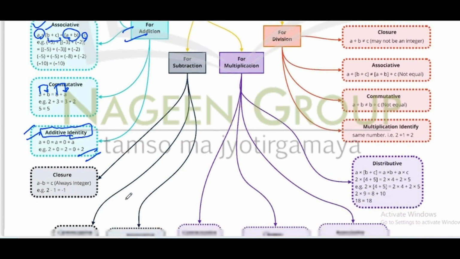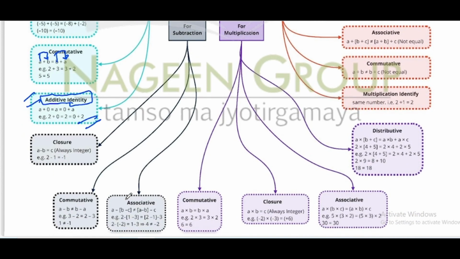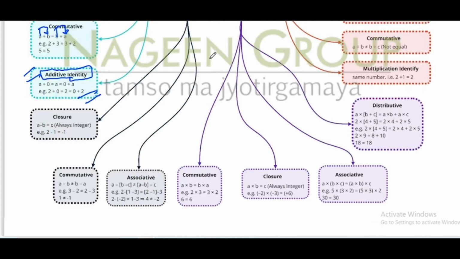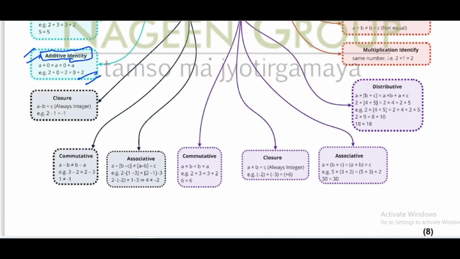Next is closure property. It means if we subtract given integers, then the result is always an integer. Next point is properties of subtraction for integers. First is commutative property.